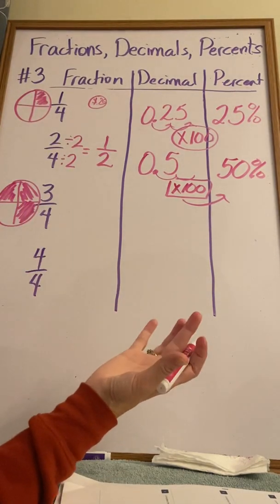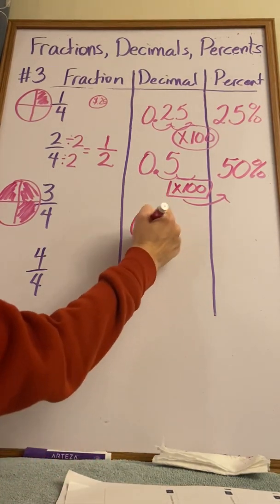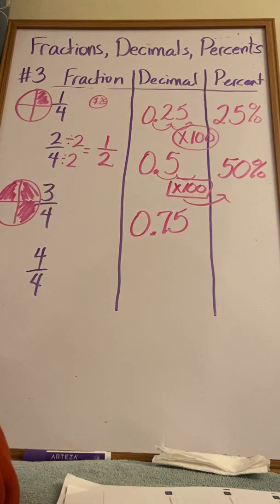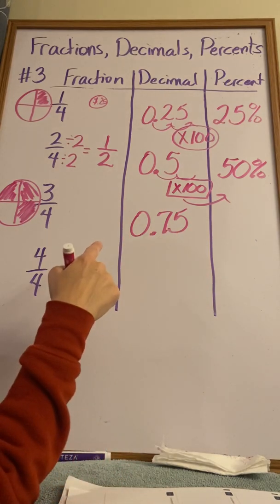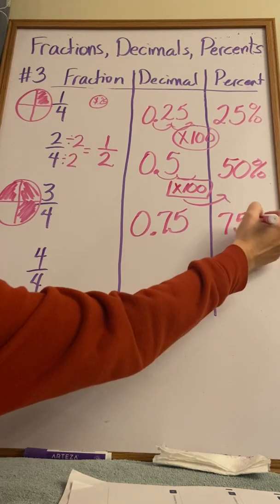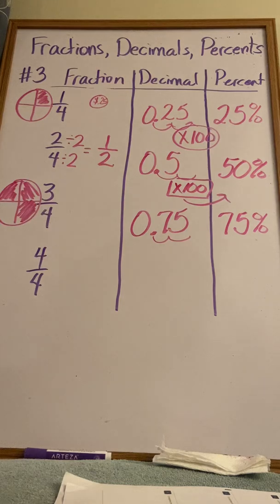So think about 3/4. If you have 3/4, how much money do you have? You have 75 cents. And if you have 75 cents, what percent is that? If you got 75 out of 100, that's 75%. You just move that decimal over 1, 2 places.